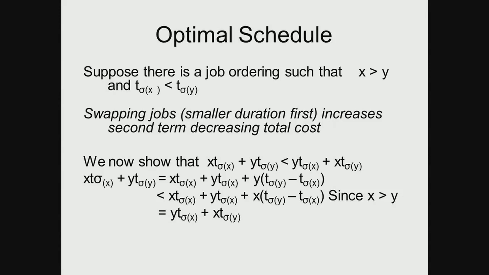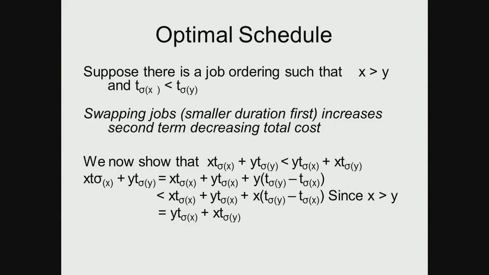In other words, we have written down an inequality which says that x times T of sigma of x plus y times T of sigma of y is the contribution to the second term by these two jobs, and when we exchange the position of these two jobs, the contribution just becomes y times T of sigma of x plus x times T of sigma of y.